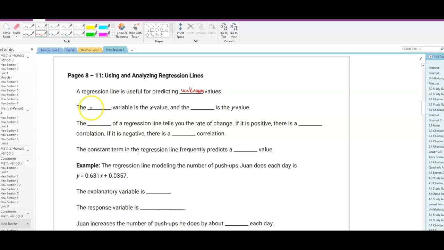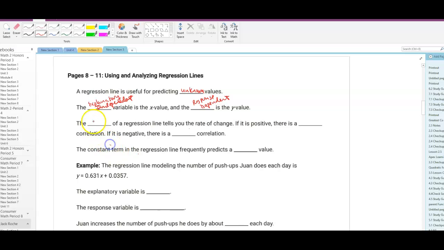So the explanatory variable, also known as the independent variable, is the x value, and the response, or dependent variable, is the y value.